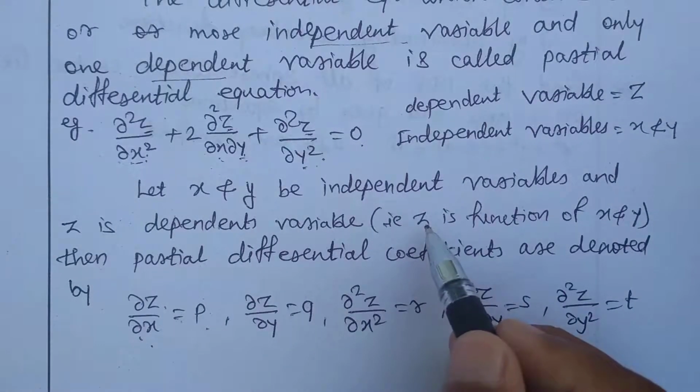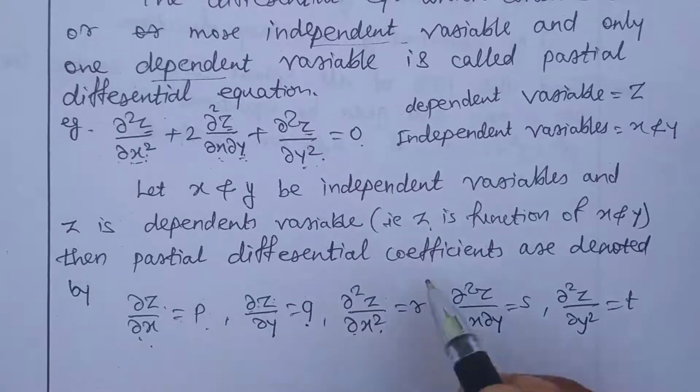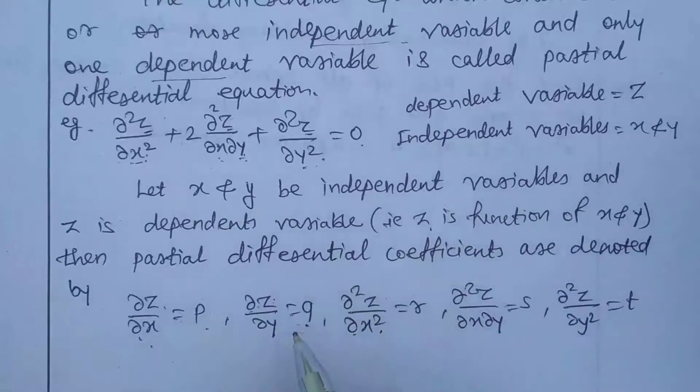Also we can differentiate z with respect to y, so ∂z/∂y we are going to denote as q. Also we can find ∂²z/∂x², the double derivative of z with respect to x, and we are going to denote it as r.